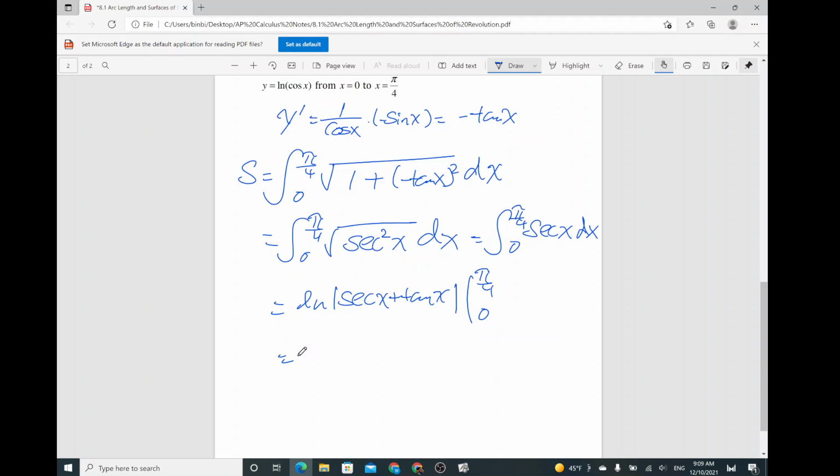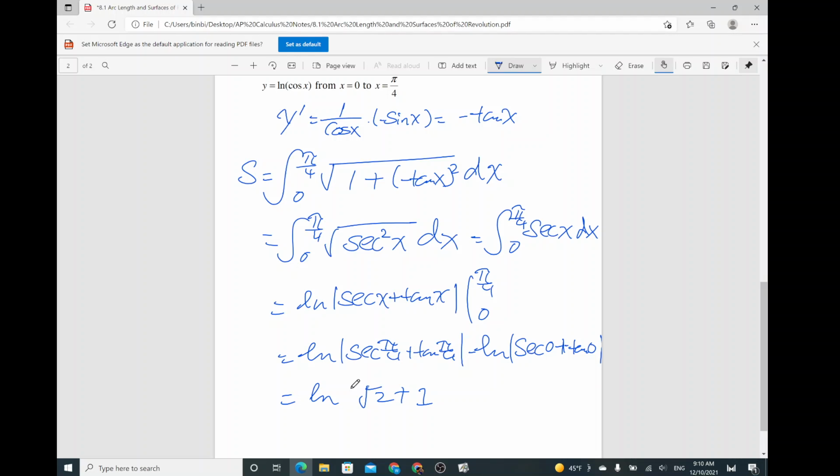So plugging in the numbers, natural log of secant of pi over 4 plus tangent of pi over 4, minus natural log of secant of 0 plus tangent of 0. So secant of pi over 4 is root 2, tangent of pi over 4 is 1.